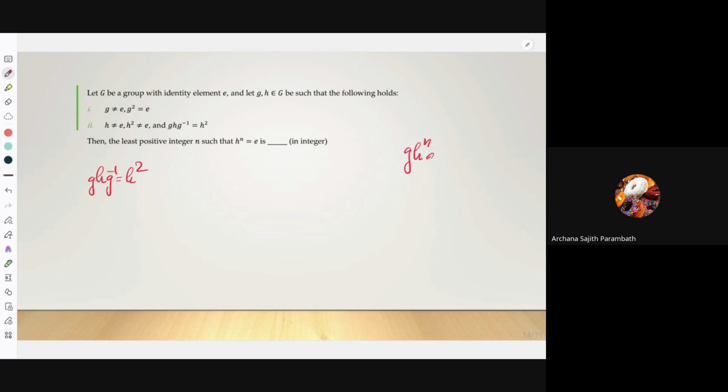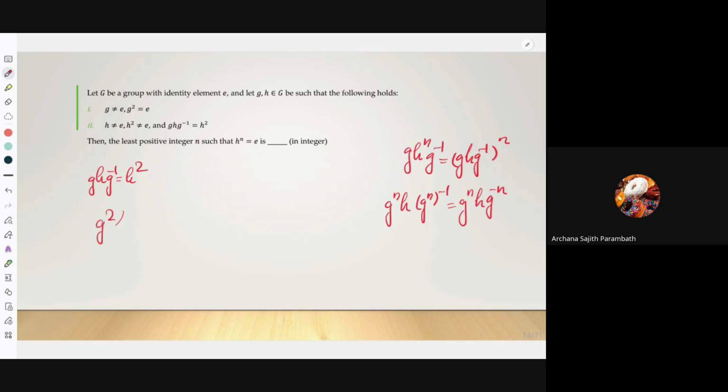One is g h power n g inverse, which is basically g h g inverse the whole power n. Or you can think of something like g power n h g power n inverse, which is basically g power n h g power minus n. And we know that g and g inverse always have the same order. So in our case, the second one helps because we know the order of g and not the order of h. Right. So we'll try to compute what this is.